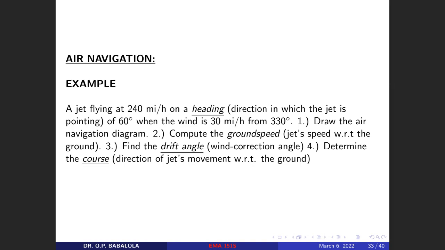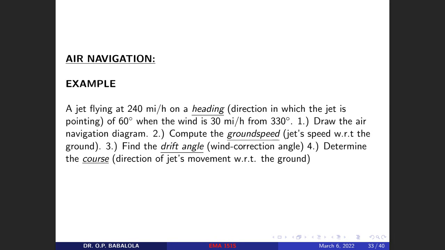This is another example where we have considered air navigation. We have a jet flying at 240 miles per hour, and it's heading at 60 degrees. Just follow the example.